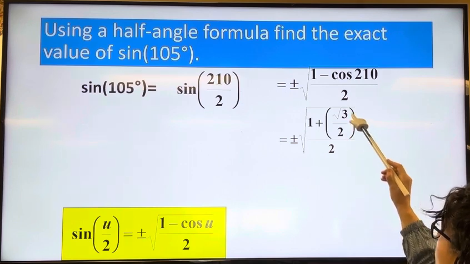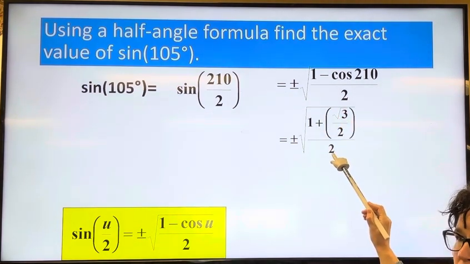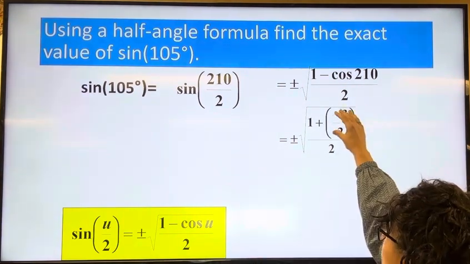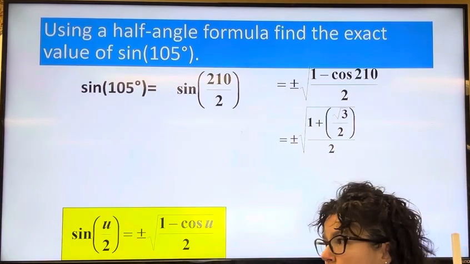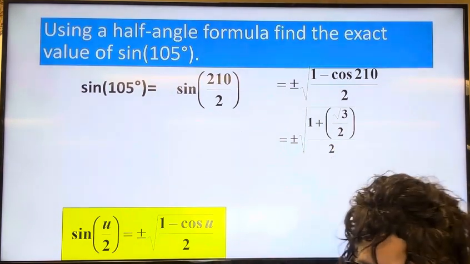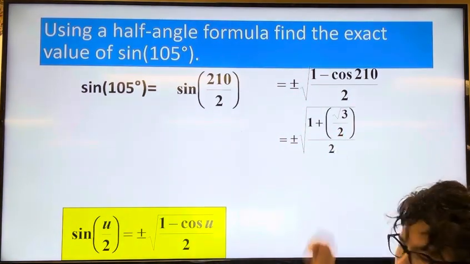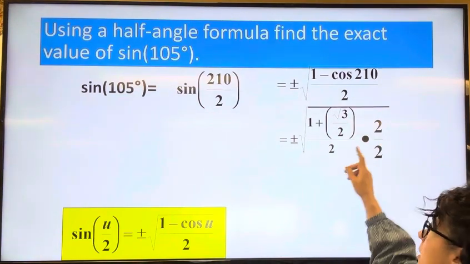And starting with what's underneath the square root, we have a fraction within a fraction. So our main strategy is to multiply both the numerator and denominator by the, for lack of a better word, mini denominator. And so my mini denominator here is 2. So I'm going to multiply the top and the bottom by 2.